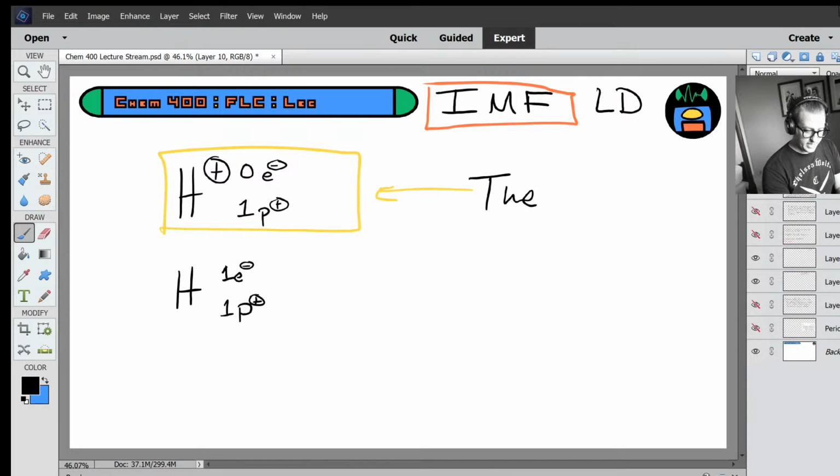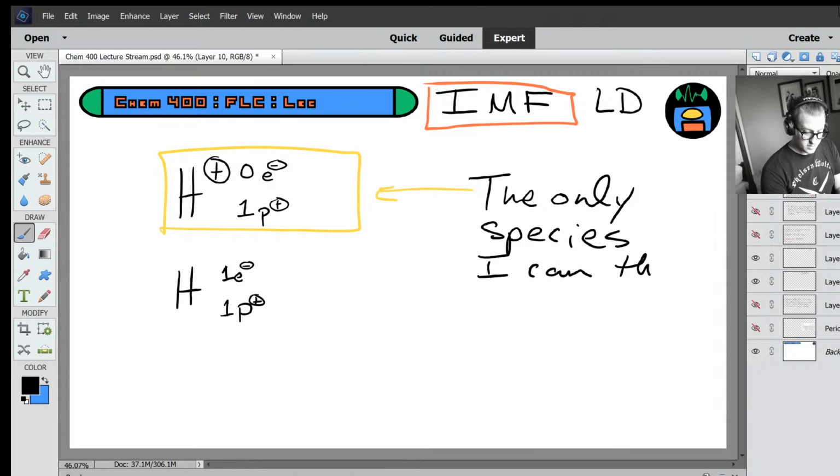This is the only species I can think of without electrons.